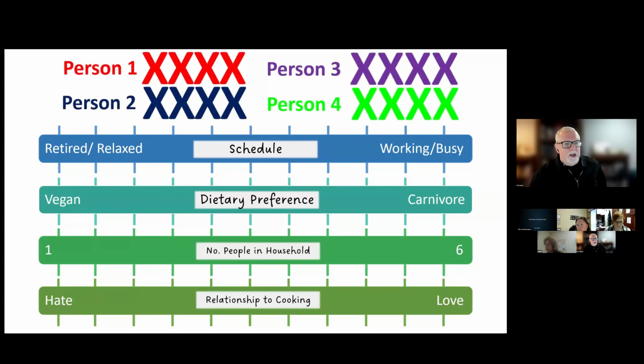Now, let's identify 4 different types of people on this list. So I might have them all going out here. So person 1, and the file that you have is editable, meaning you can click on the X. You can, first of all, click in the boxes and edit the boxes.